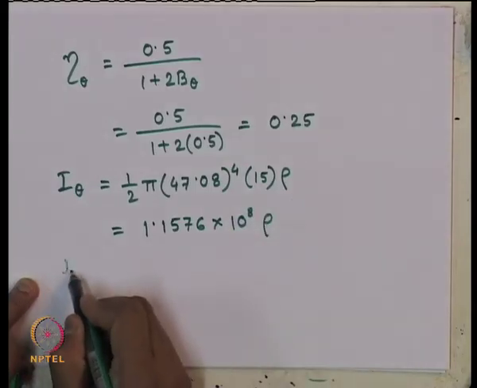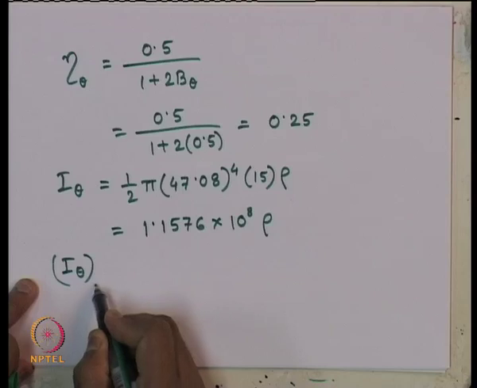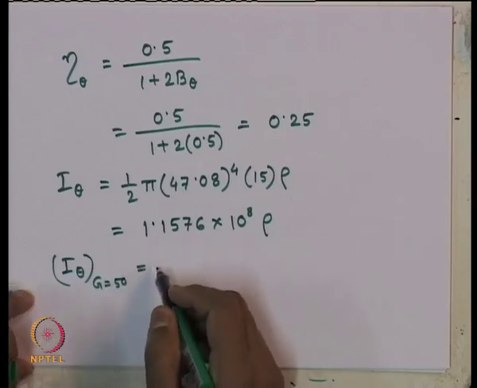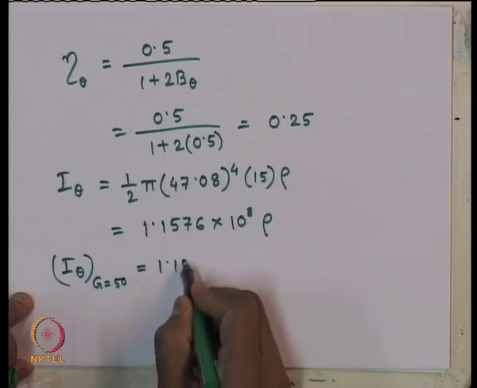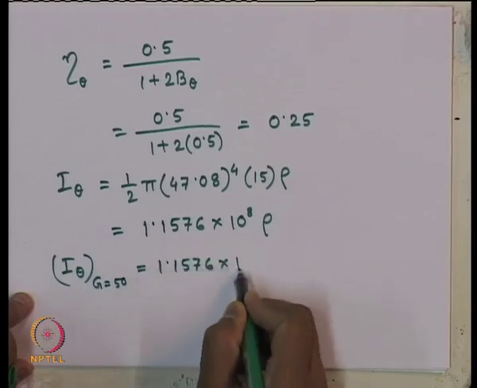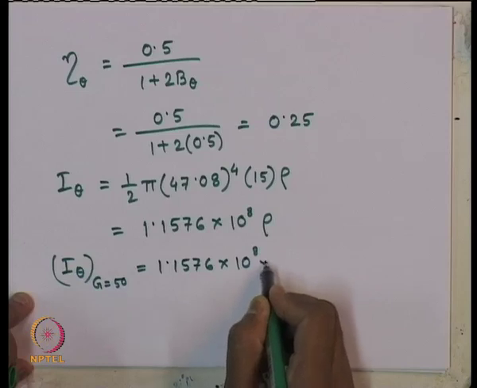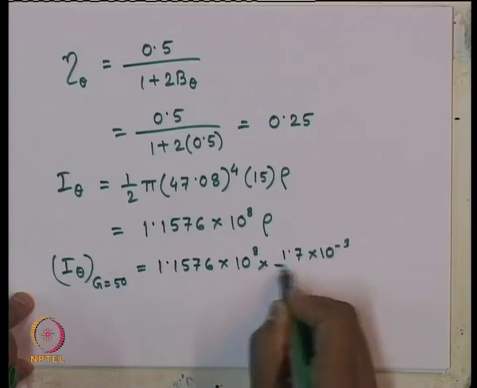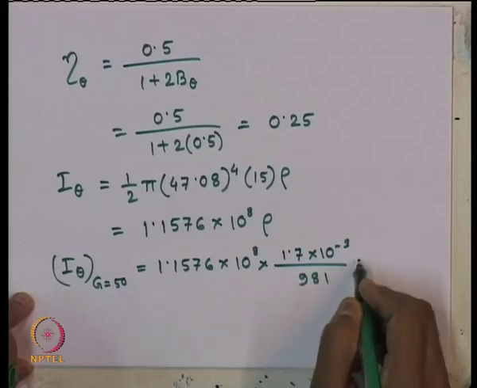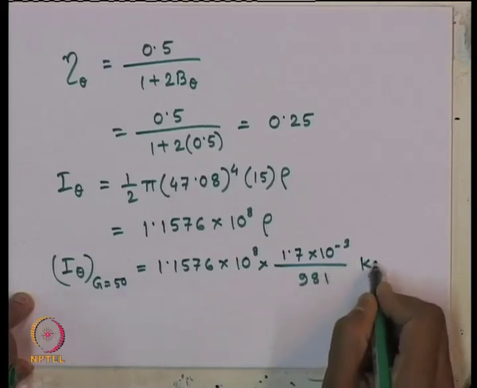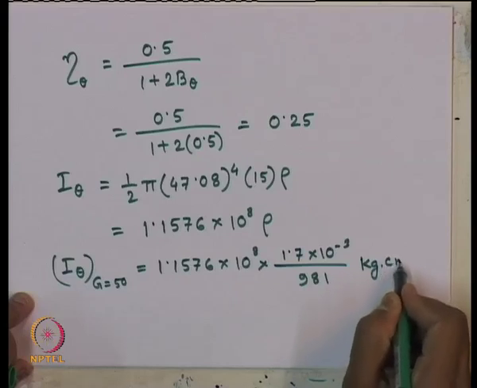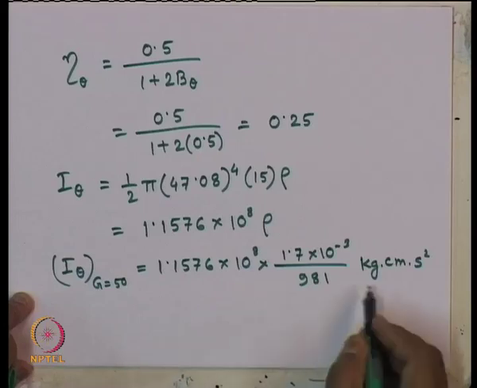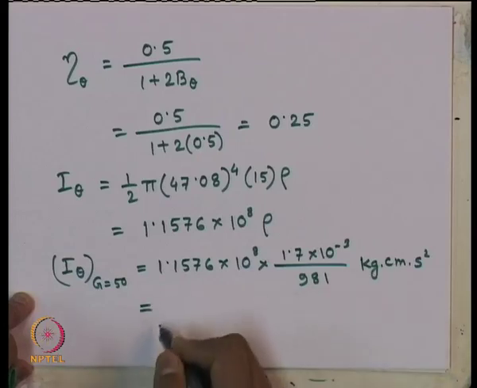So, for the 3 cases we will get I theta, with g equals to 50, as 1.1576 into 10 to the power 8 into 1.7 into 10 to the power minus 3 by 981. So much of what is the unit? Kg centimeter second square once again. Okay? Kg means kg force here we are considering.